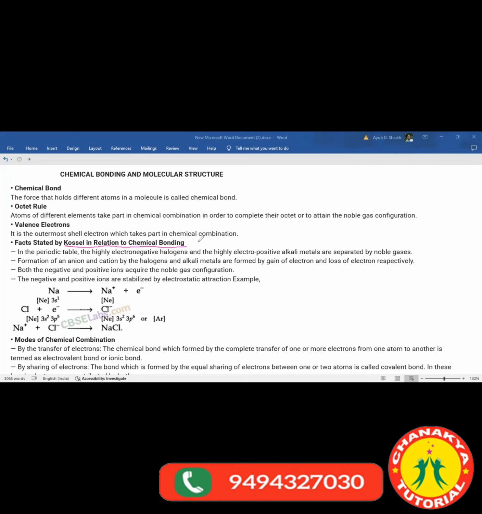Then anion and cation formation happens by gain and loss of electron, and both ions can acquire a noble gas configuration, as we saw with sodium positive ion and chlorine negative ion. These ions are stabilized by the electrostatic force of attraction.